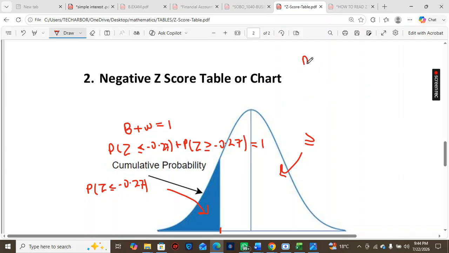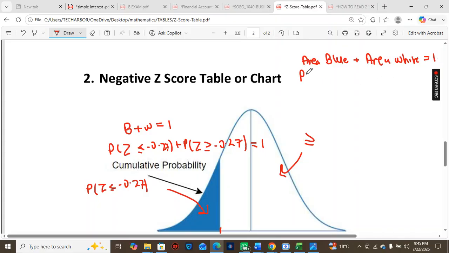So the area in blue plus the area in white equals 1.